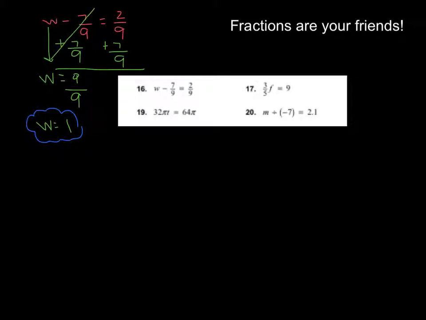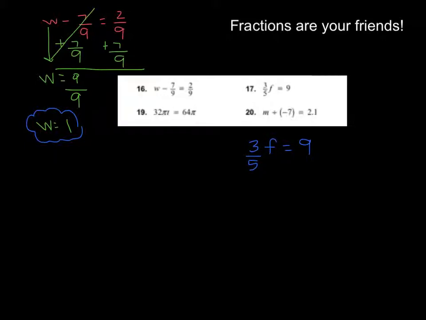Now, 17, I'm kind of giving you a freebie because this is one of the ones you actually have to do for your homework. So I'm going to rewrite it down here where I have a little bit more room. So I have 3/5 F equals 9. So we talked in class about moving fractions. When you have a coefficient, which in this case 3/5 is the coefficient of F, I know that this is multiplication.